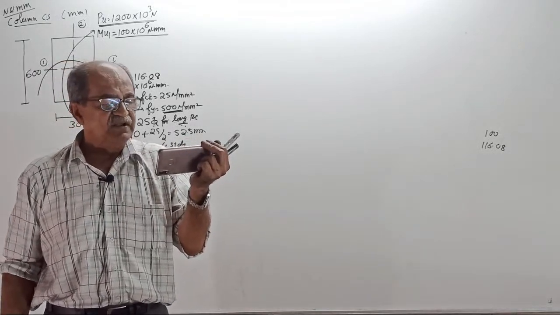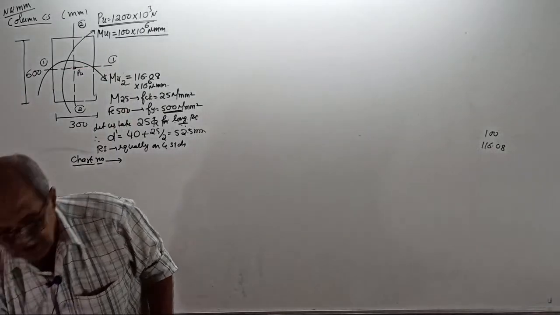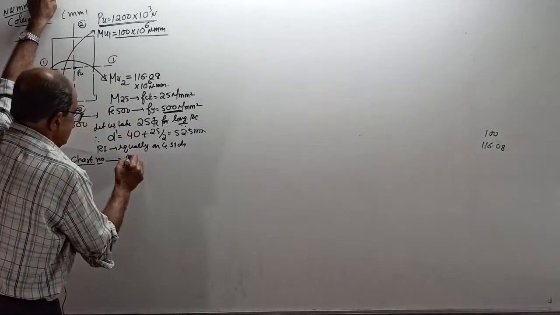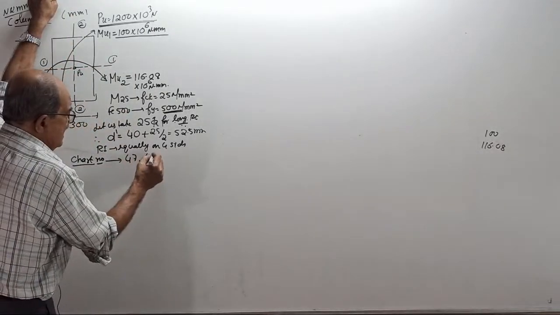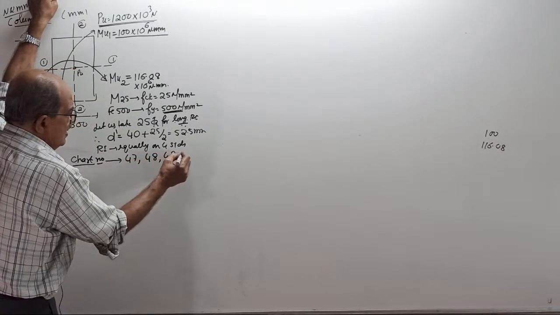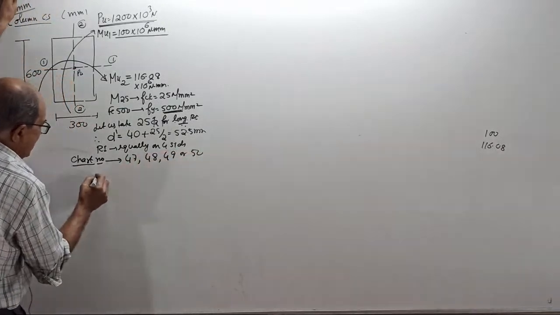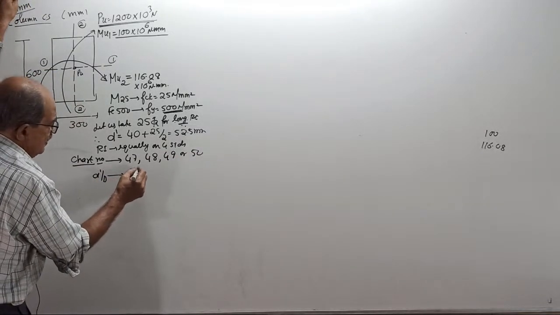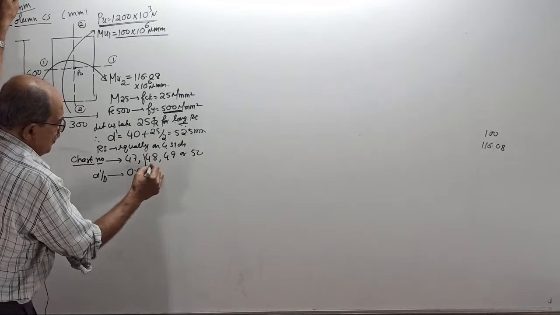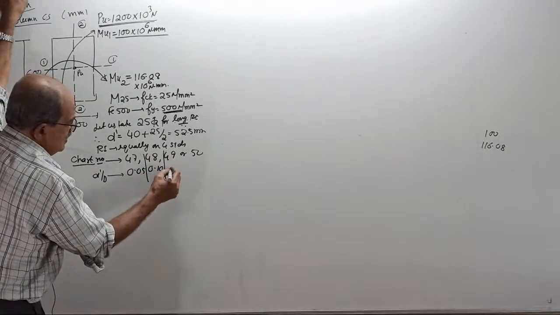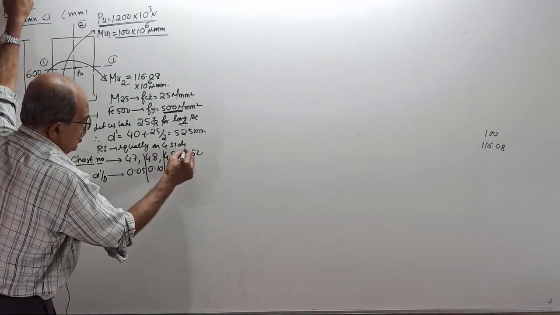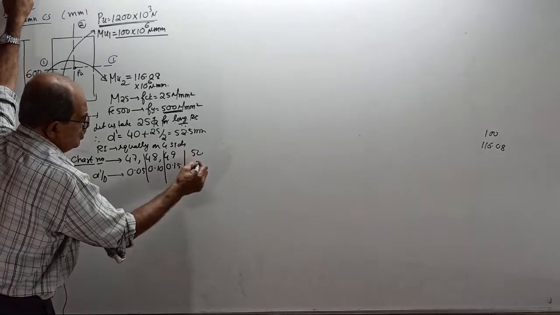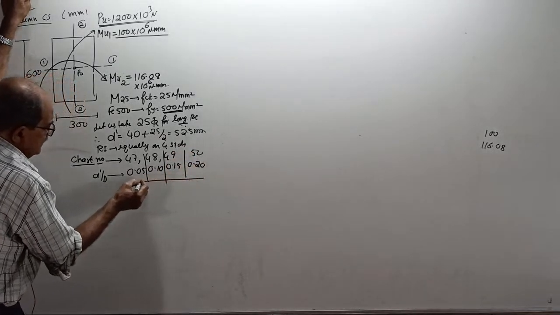So chart number 47 or 48 or 49 or 50 based on D dash by D equal to 0.05, 0.10, 0.15 or 0.20. Is this fully clear?